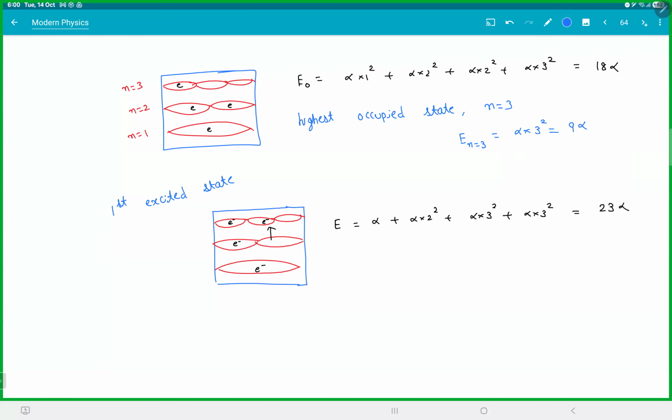What is the second excited state? Now, see, you have two possibilities. The reason is energy from n is equal to 2 to n is equal to 3 is less than 1 to 3 transition.